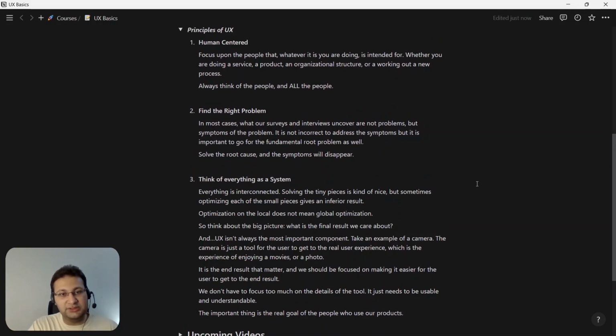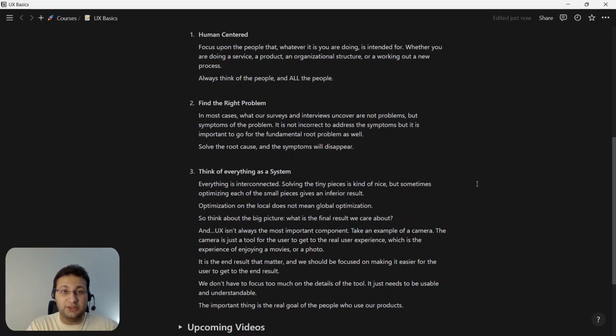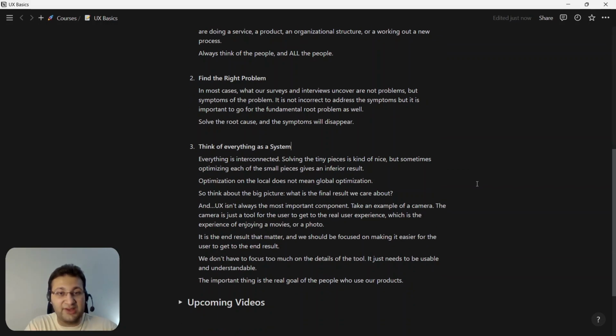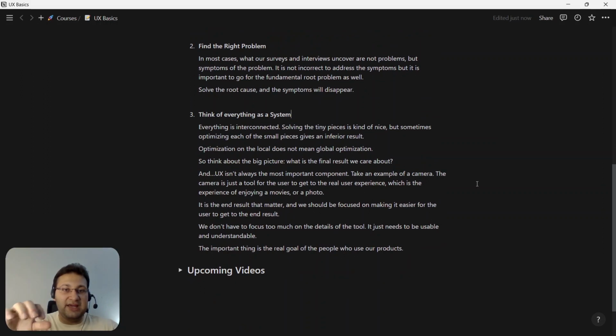The last principle, or the most fundamental principle of UX, is to think of everything as a system. Everything is interconnected, right? Solving the tiny pieces is nice, but sometimes optimizing each of the small pieces gives an inferior result. It's sort of solving for the symptoms.